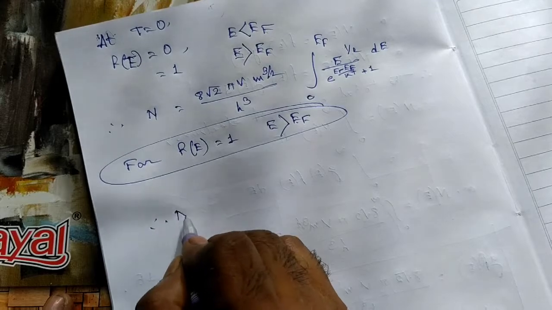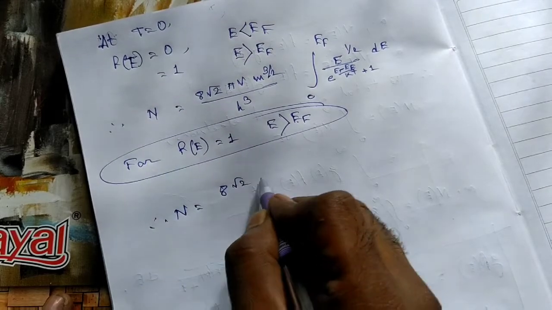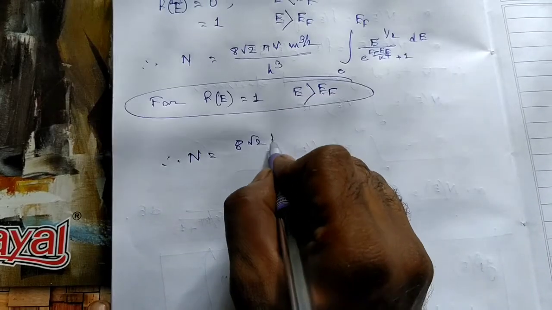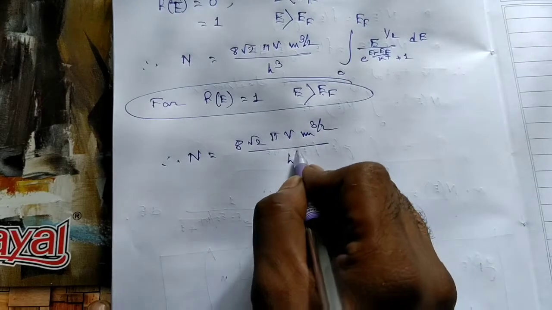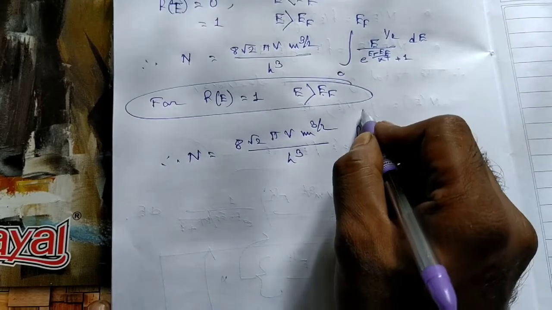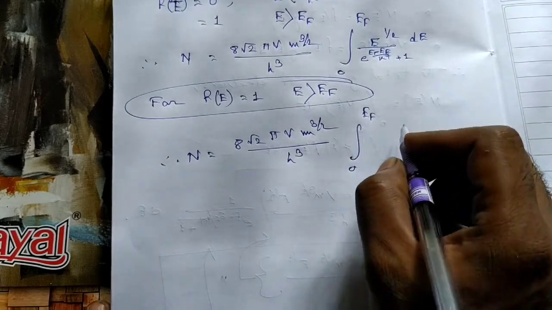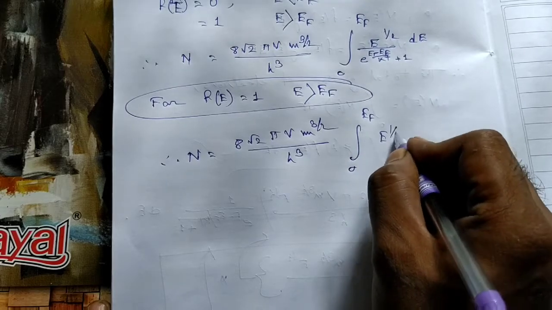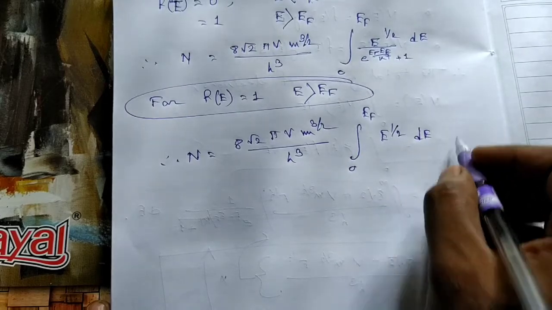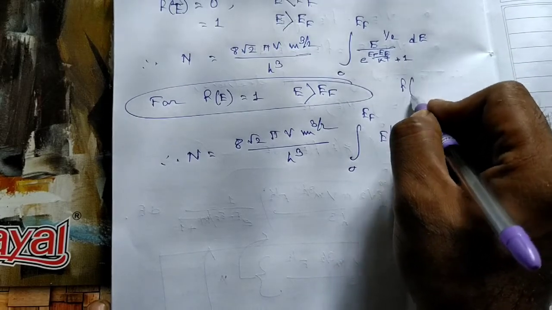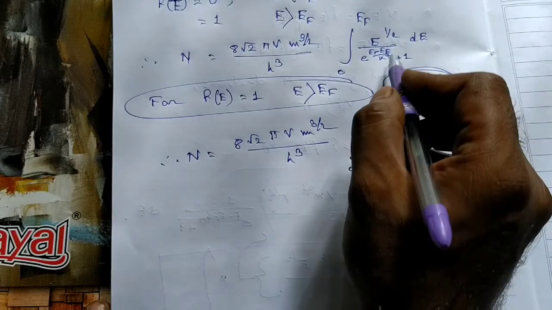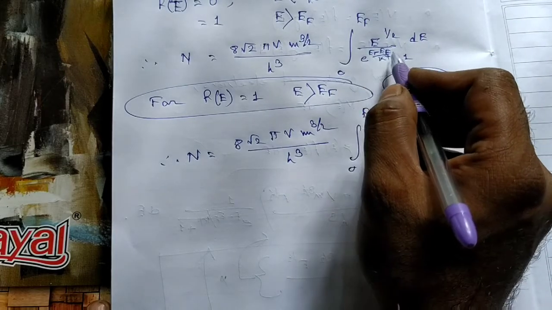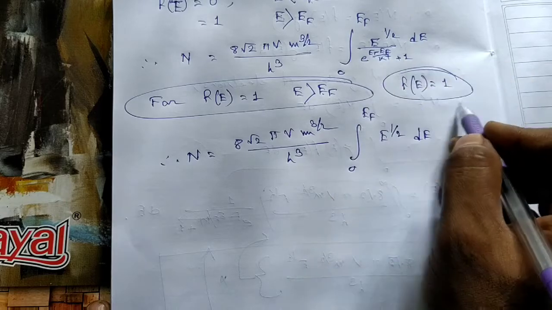So now N becomes 8 root 2 pi V m to the power 3 by 2 by h cube, integral from 0 to EF of E to the power half dE, because the distribution function F(E) becomes 1. So we put the value of e to the power (E minus EF) by kT plus 1 equal to 1.